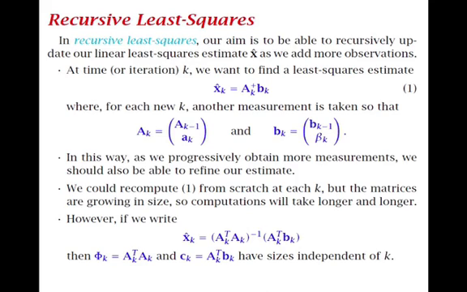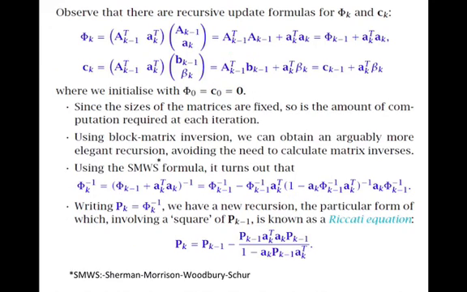However, if we write xk bar equal to Ak bar T into Ak whole inverse into Ak bar T into bk, then we get phi of k, like suppose phi of k equal to Ak bar T into Ak and ck equal to Ak bar T bk, which have sizes independent of k. Observe that there are recursive update formulas for phi k and ck.